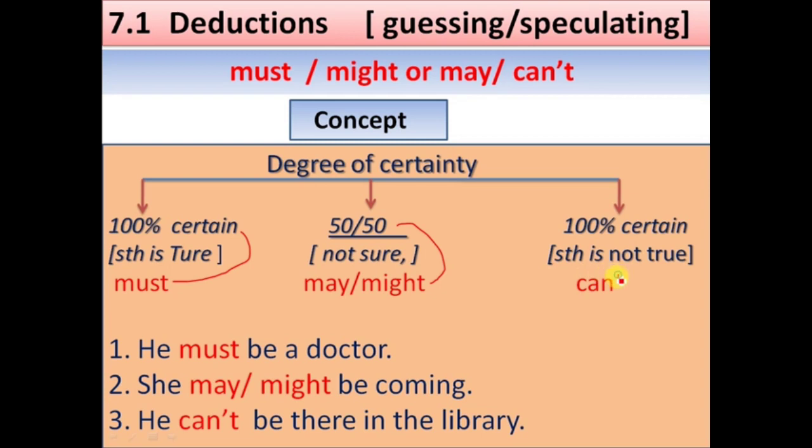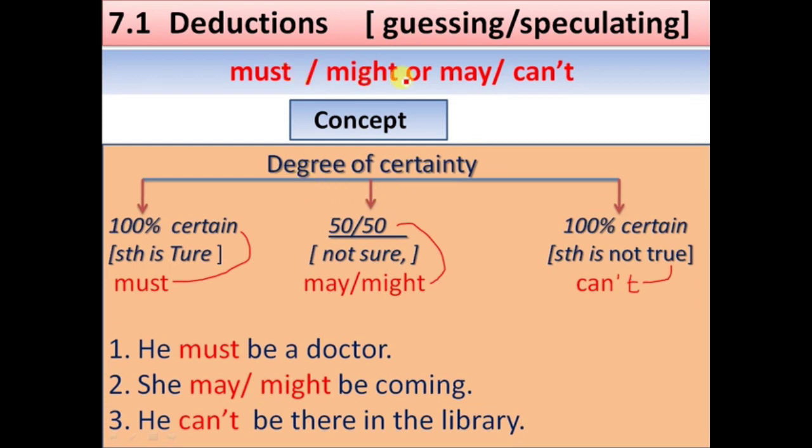Similarly, if you are 100% certain that something is not true, you have to use can't.